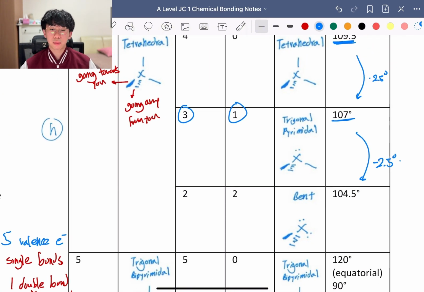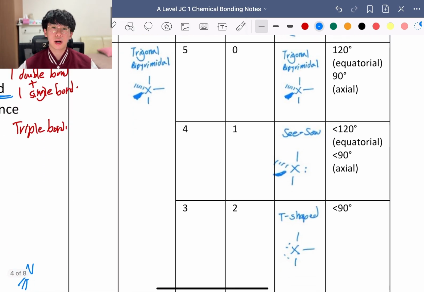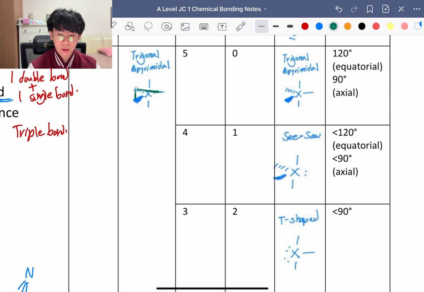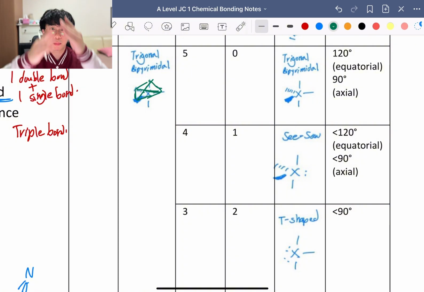And we move on to trigonal bipyramidal. Why is it called trigonal bipyramidal? Because this is essentially a triangle, and there's a little thing on top, so they actually form a pyramid on the top. Wow, I did really good to draw this. Trigonal pyramidal means it's a triangle base and it forms a pyramid, and then it also forms downwards as well.